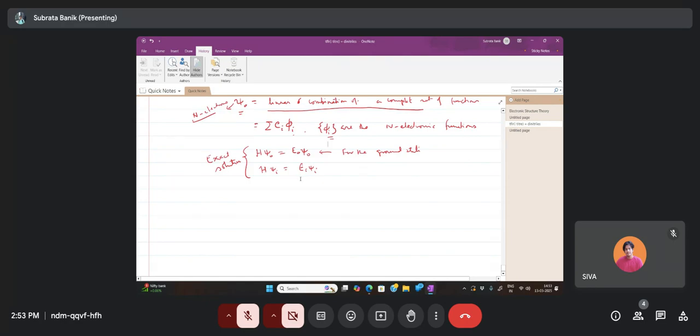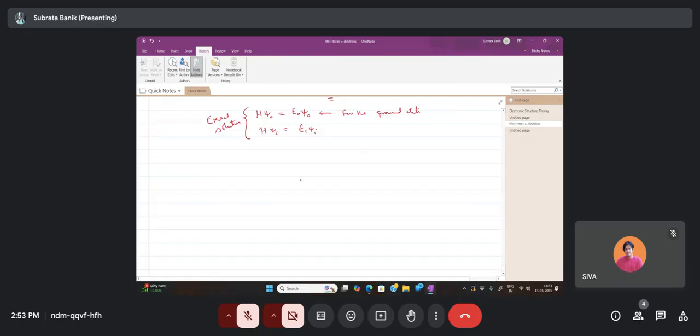So let us first focus on the ground state. How to get this? As we discussed yesterday, the Hartree-Fock, let's say I have this many electrons in spin orbital basis, right? I have a three electronic system in spin orbital basis. So these three electrons will constitute my Hartree-Fock. I can construct another member of the set by exciting electrons from here to here, or here to here, and so on.